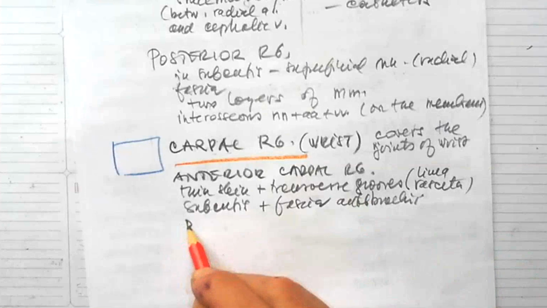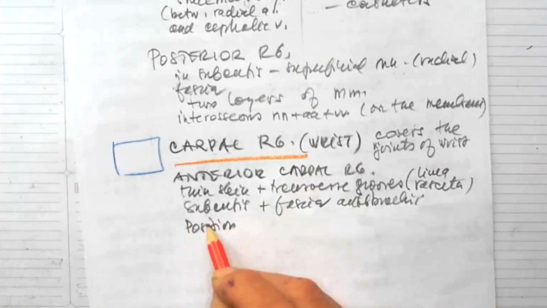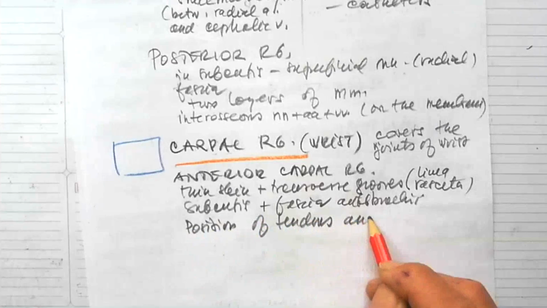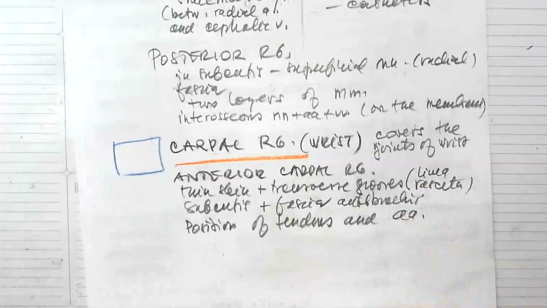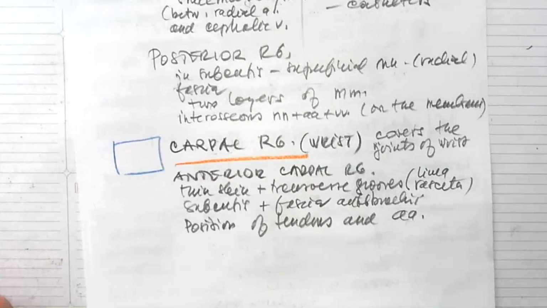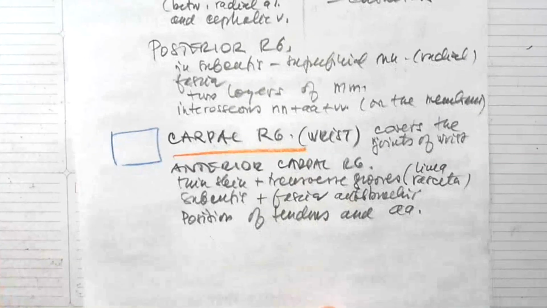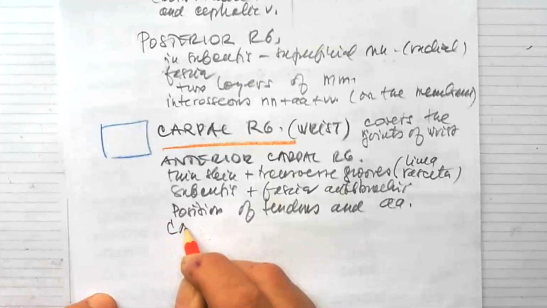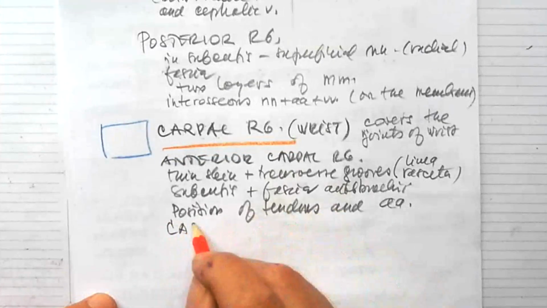Then important for us is the position of tendons and arteries, because ulnar and radial artery, as we have seen, are typical. Then follows the carpal tunnel, because they form the tendons.